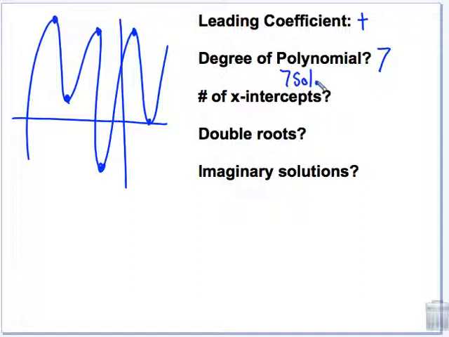How many x-intercepts do you have? We have 1, 2, 3, 4 x-intercepts. One of our x-intercepts is a double root, so that's a total of 5 solutions. We should have 7, so that means 2 of my solutions are imaginary.